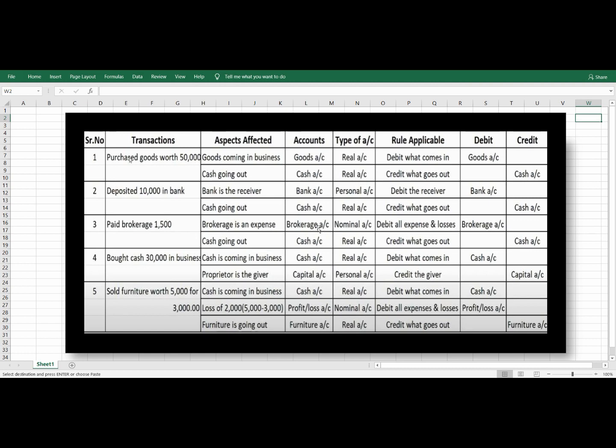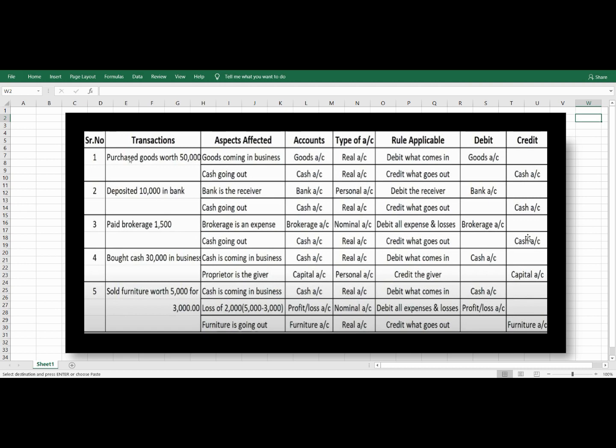Since brokerage is an expense, as per the nominal account rule, it will be debited. And cash is again going out, and cash, as we all know now, is a real account. So the rule for real account says credit what goes out. So cash will be credited.